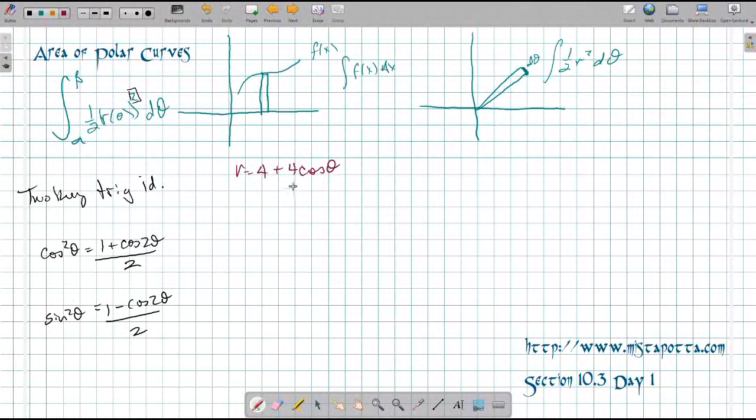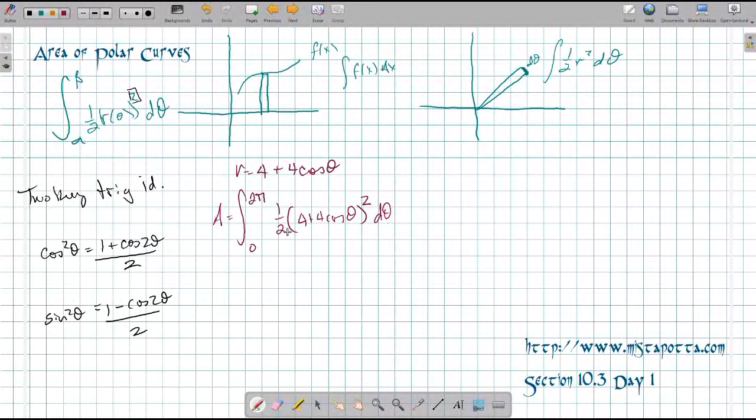So for this limaçon, this is actually a cardioid because these values are the same, but we actually trace the whole function from 0 to 2 pi. So my area is going to be equal to the integral from 0 to 2 pi of 1/2 (4 plus 4 cosine theta) squared d theta.